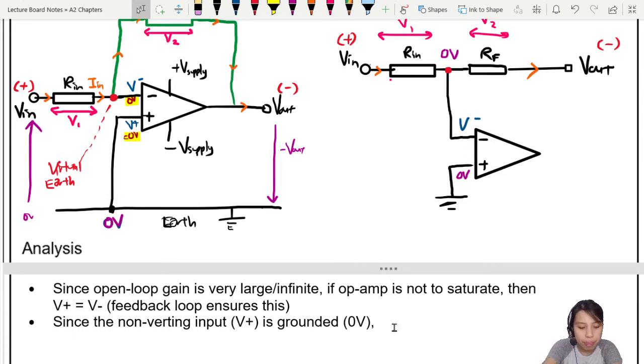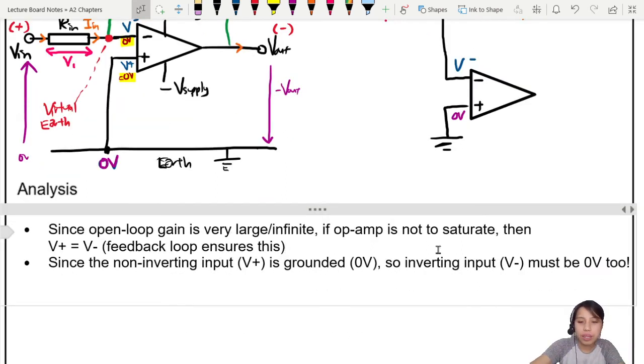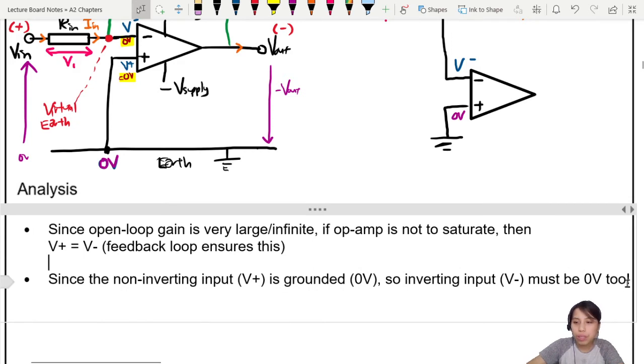So V minus, the inverting input, must be 0 volt too. That's number 2.